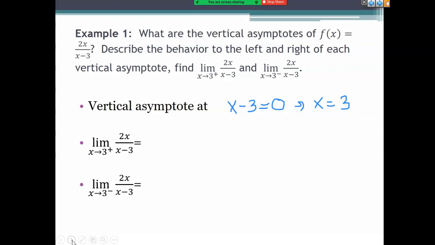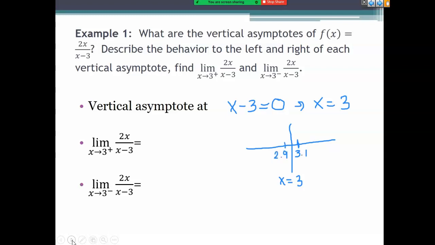And then for our behavior to the left and to the right, we're going to do a lot with looking at a sign chart. So x equals 3 is kind of like in the middle of your sign chart. And we want to look at what's happening to the left of 3 and to the right of 3.